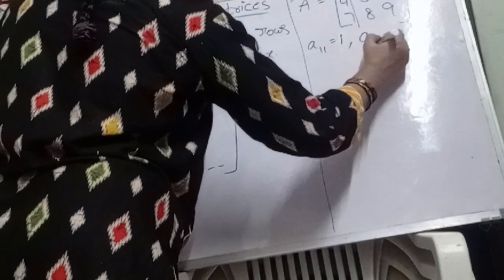Here, how can we indicate this? Let us give each element a name. A11 is 1, sorry, 1. That is first row, first column. Next, A12. That is first row, second column is 2. Next, A13.